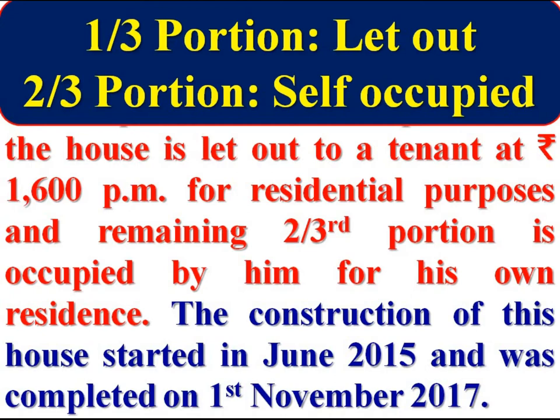Therefore, we have to consider these two parts of the house as separate units. Therefore, we have to compute income from house property of 1/3 portion let out and 2/3 portion self-occupied separately.